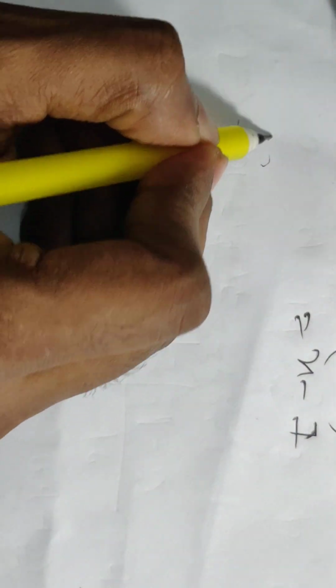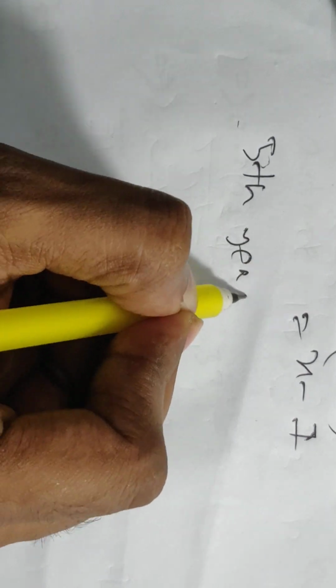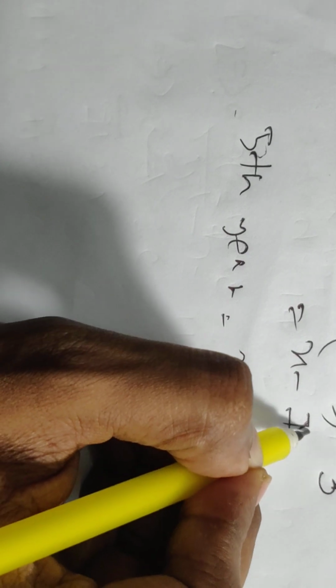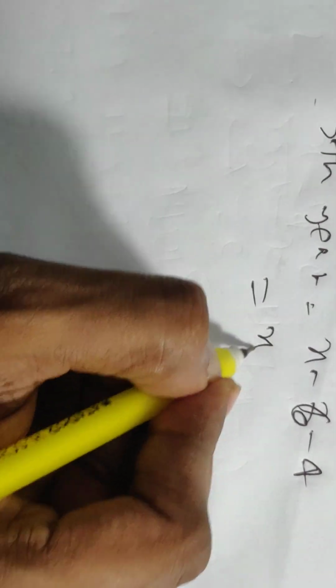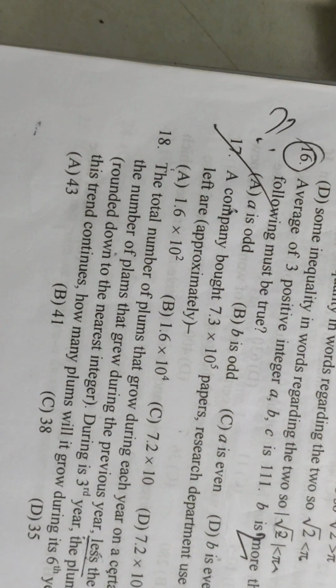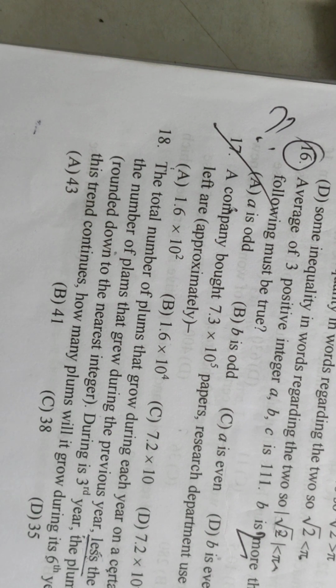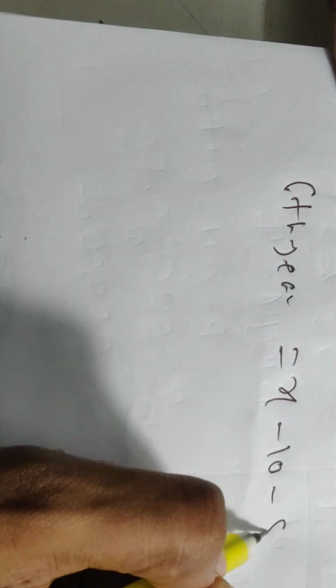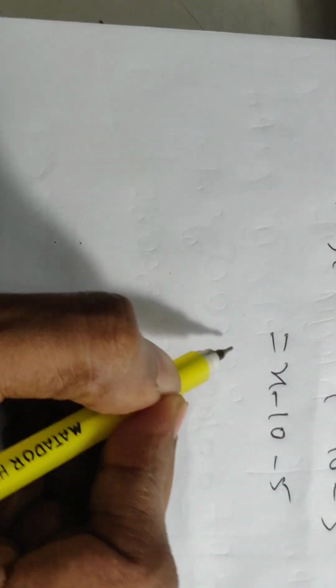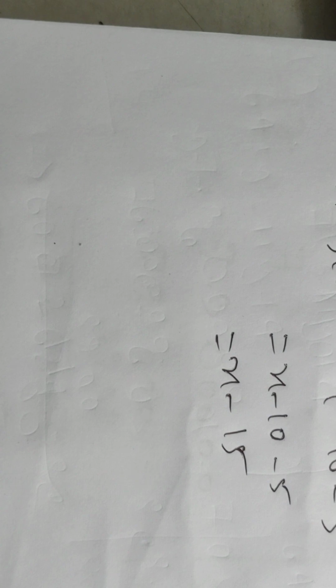In the fifth year, 4 less, so x minus 10. We need the value of the sixth year, 5 less, x minus 10 minus 5, so x minus 15.